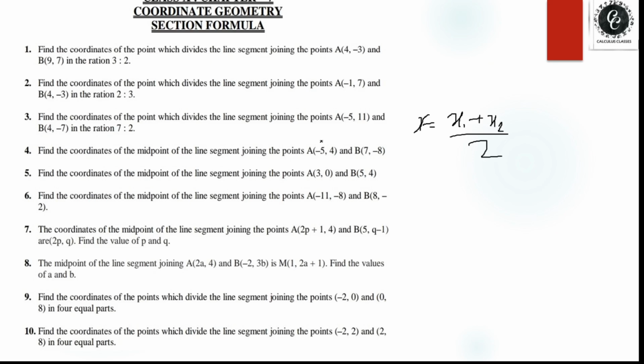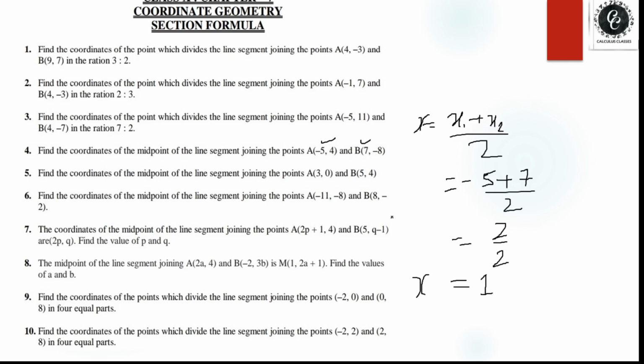So this is x1 and this is x2. So x1 is minus 5 and x2 is 7, upon 2. So 7 minus 5, 2 will come. 2 divided by 2, 1 will come. So the x coordinate will be 1.